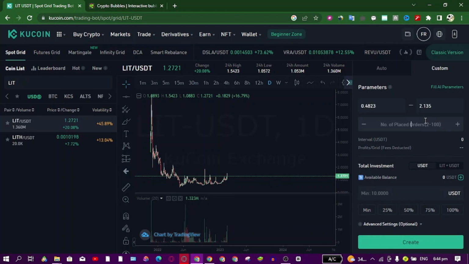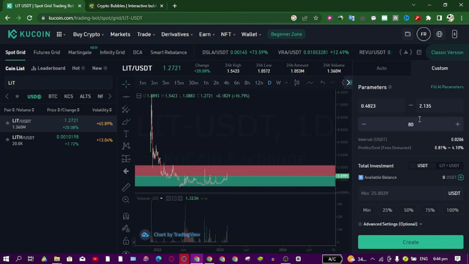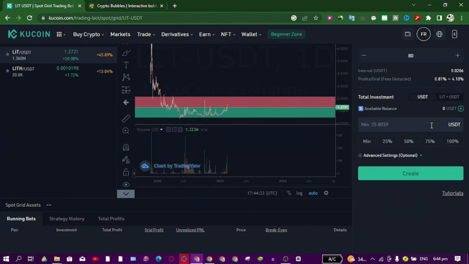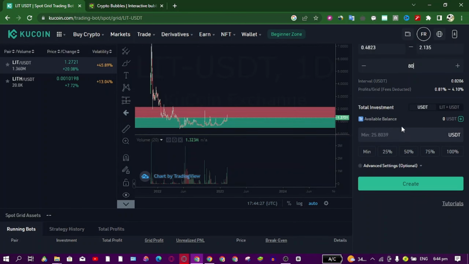Based on what I can see here, I can use 80. But remember, the more grids you use, the more the amount you put and the more profit you will make. Here, they said the minimum is 25 USDT.